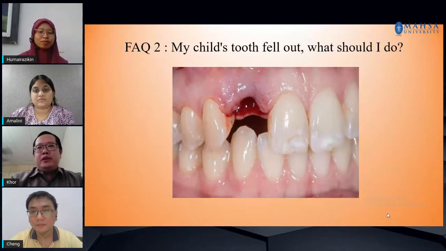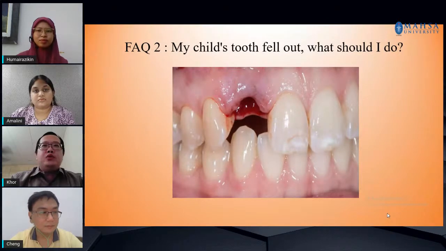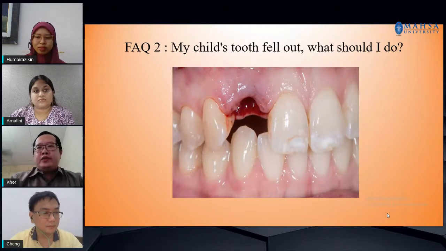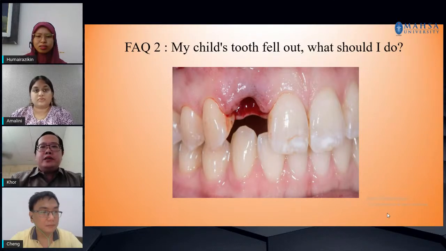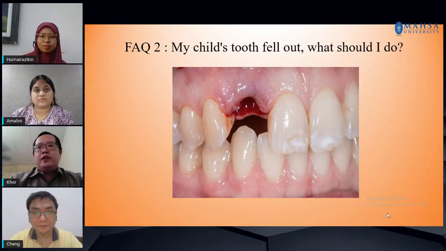It's important because we can only touch and hold the crown of the tooth and not the root. We have to make sure that it's not dirty, but do not try to scrub or clean the tooth by scrubbing. It's best to clean it under running water, and place it in cold milk if available, or salt water.